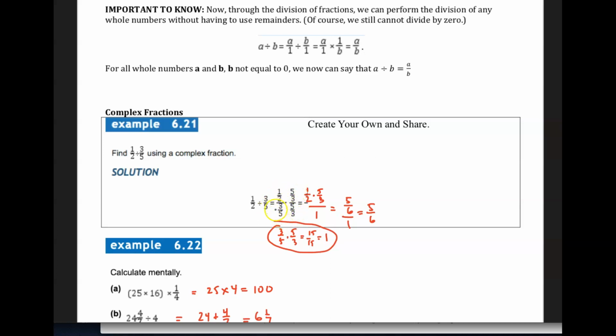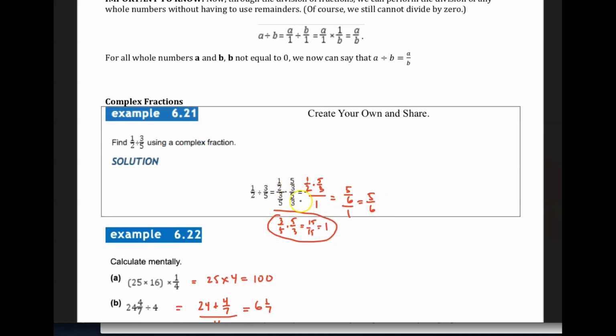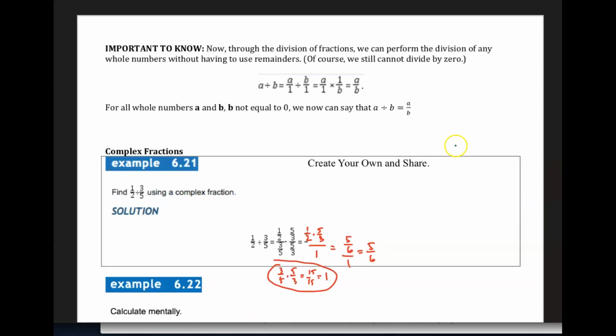Notice the bottom becomes 1 because these are reciprocals, and the top just becomes 1/2 times 5/3. And you can see there's our motivation for invert and multiply, why that works also. You're taking 1/2 times 5/3, which is 5/6 over 1, or 5/6. That works because we're multiplying the numerator and the denominator by the same value.